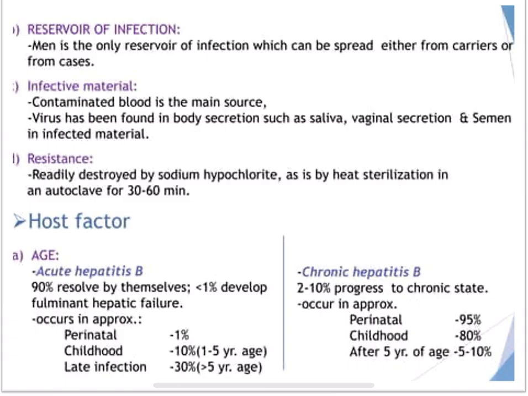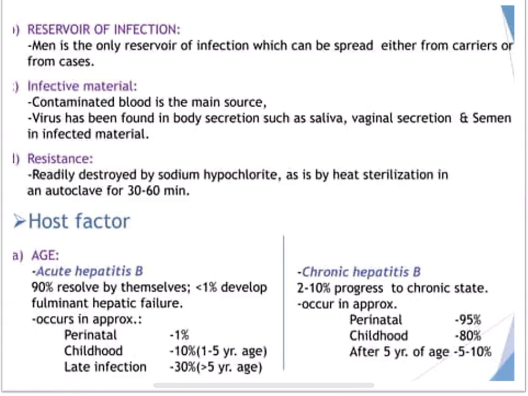Then also the vaginal secretions of that carrier, or she can also be an active case. And from the saliva also the virus spreads. So it is very important that we spread awareness that the virus can be very infective from the saliva, vaginal secretions, and semen of an infected person.